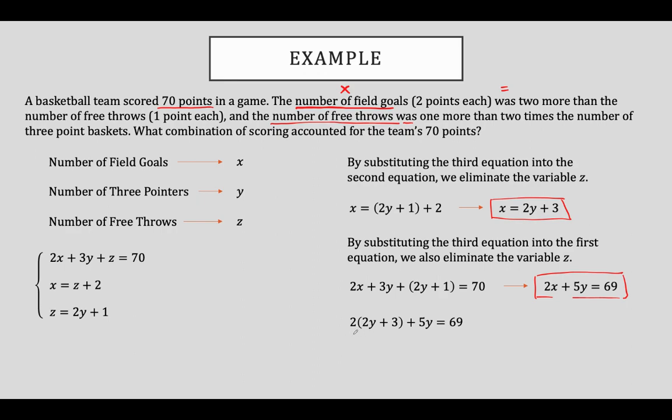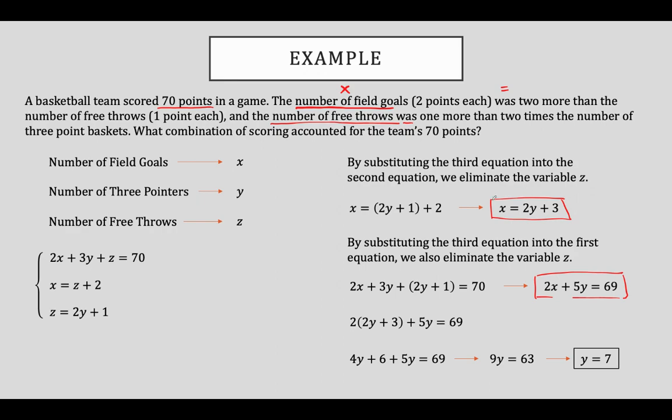Carrying on with our algebra, we distribute the 2 through here. That gives me 4y plus 6 plus 5y is equal to 69. 4y plus 5y is 9y. If I subtract 6 from both sides of the equation, we get 9y is equal to 63. Dividing both sides by 9 leaves us with y is equal to 7. So we have solved for one of our variables, y.